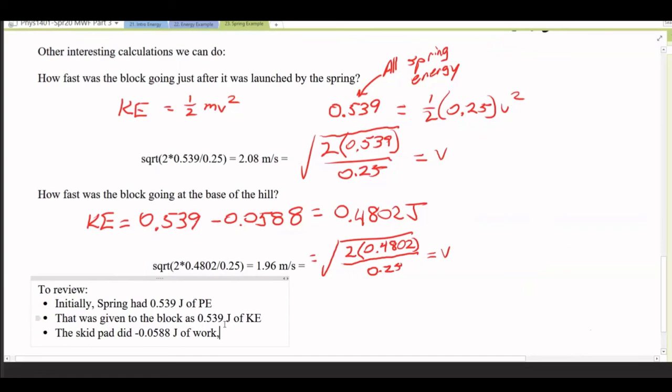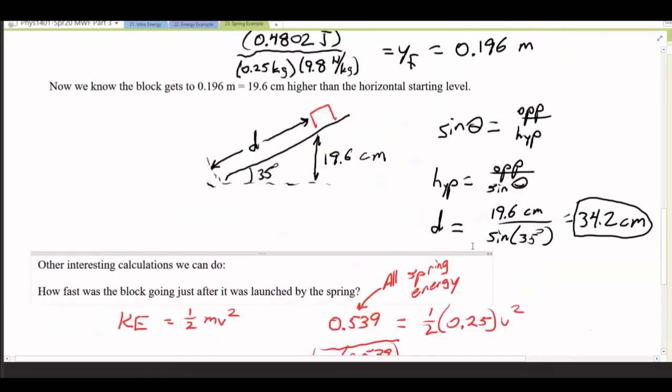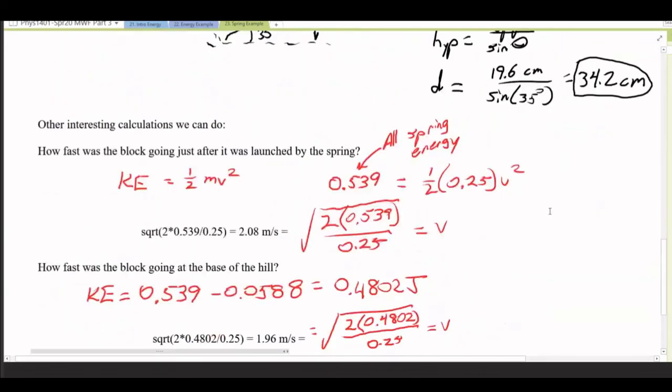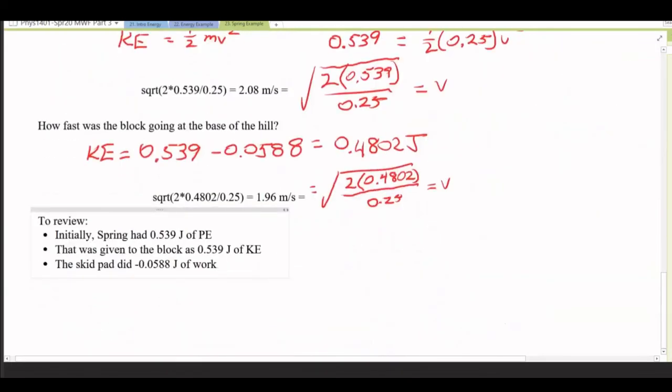The skid pad did some work, and we calculated that up here to be negative 0.0588 joules of work due to friction. And that left us with 0.4802 joules of kinetic energy.